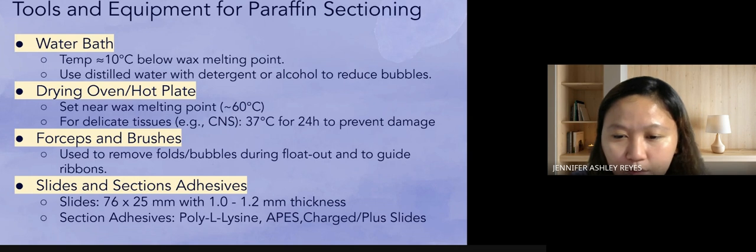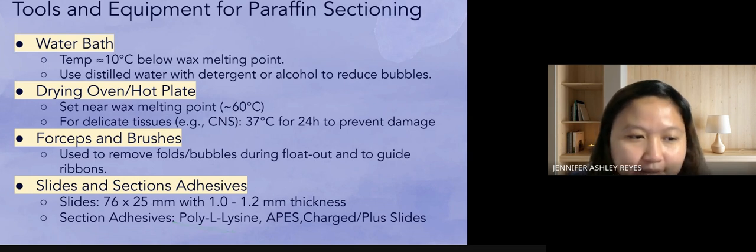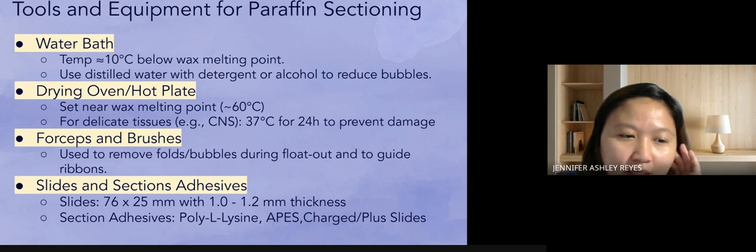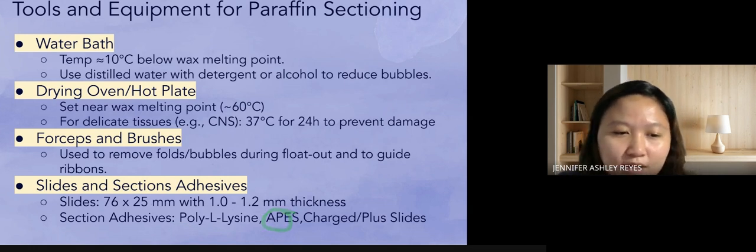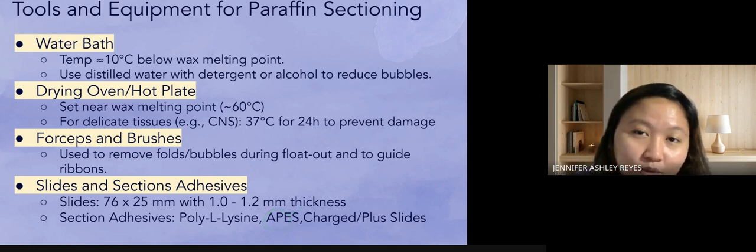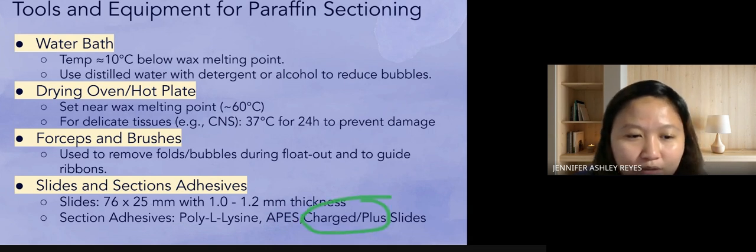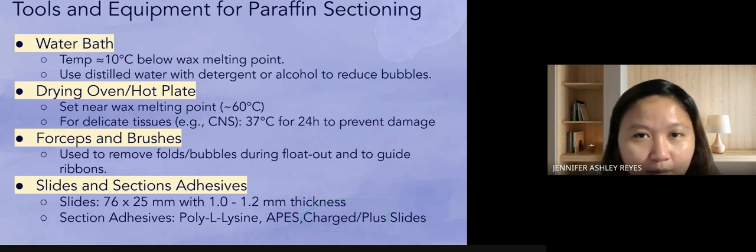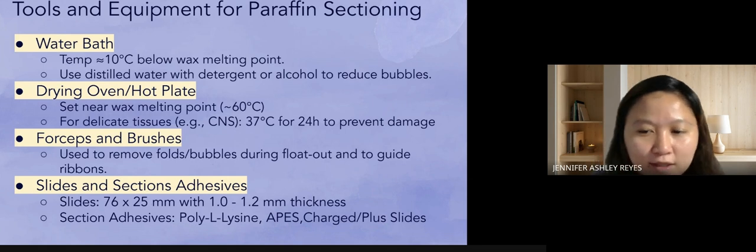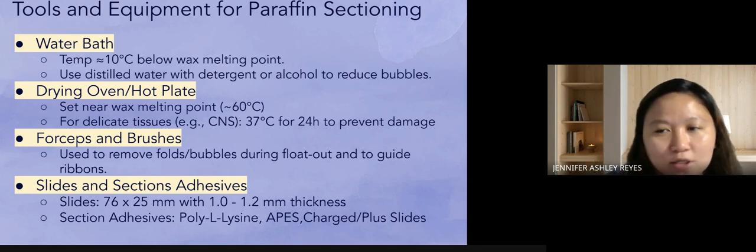And you can use poly-L-lysine, APES, or aminopropyl triethoxysilane. So this one, APES, is for bloody or mucin-rich specimens in the charged slide. They are already coated, and then you just allow the sections to stay.